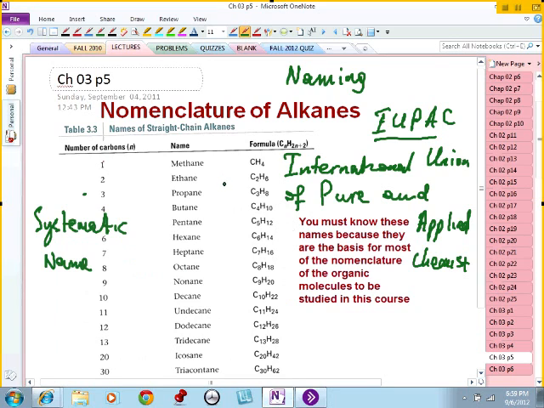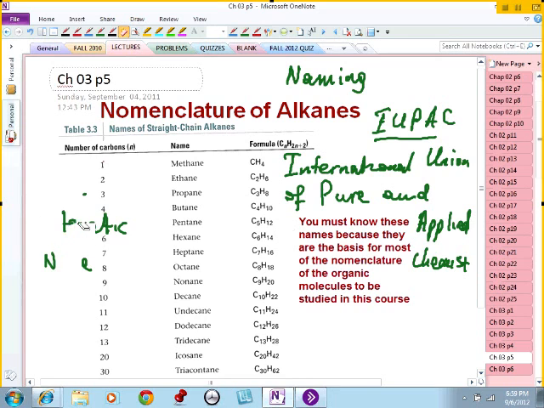Okay, now what you see on this slide, you need to know all of these names, because these names are the basis for the nomenclature for most organic compounds. So you need to know them.